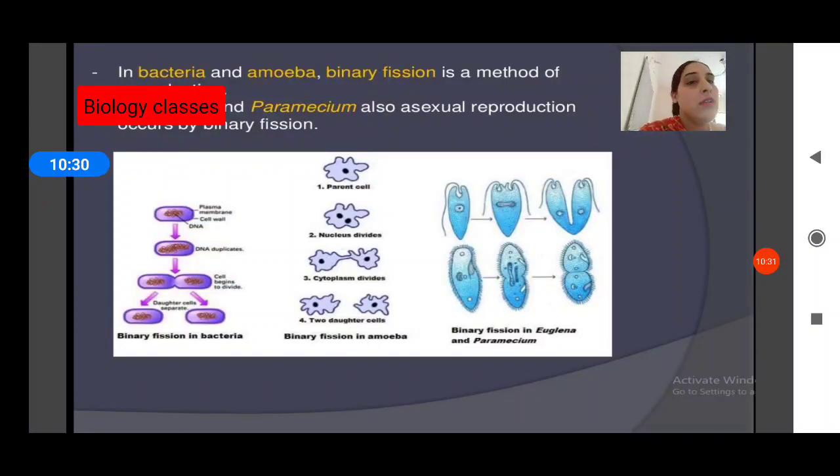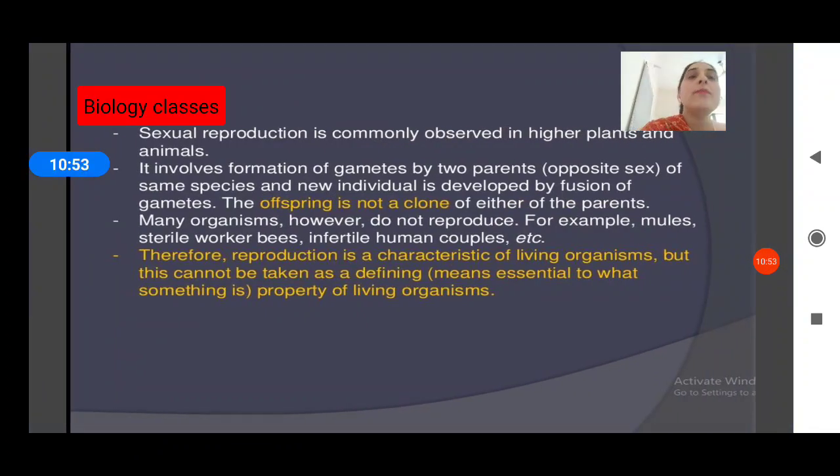In amoeba, the cytoplasm completely divides and two new daughter amoebas are formed. In euglena and paramecium, the binary fission process again occurs, and euglena undergoes division and paramecium is divided. So binary fission occurs in bacteria, amoeba, euglena and paramecium.